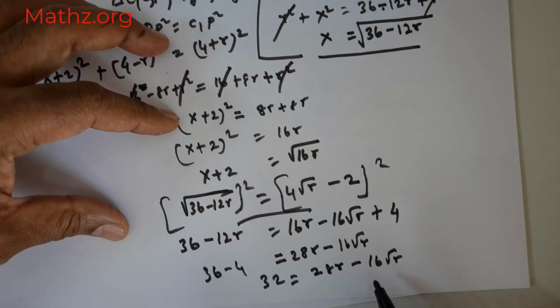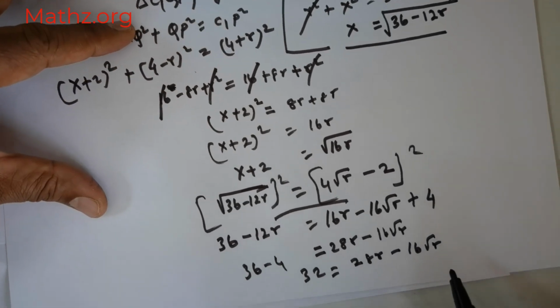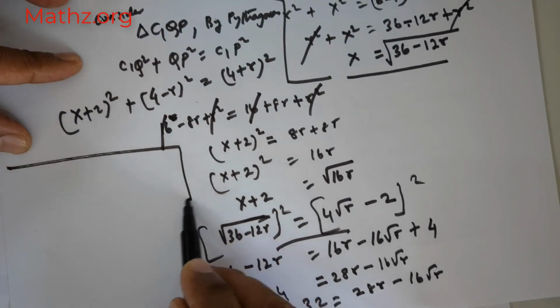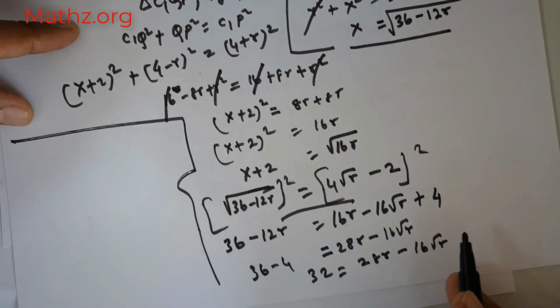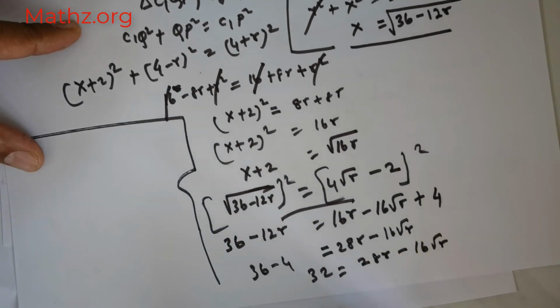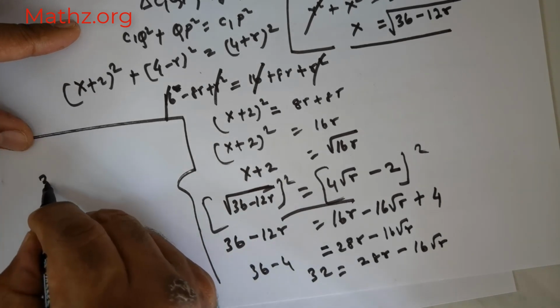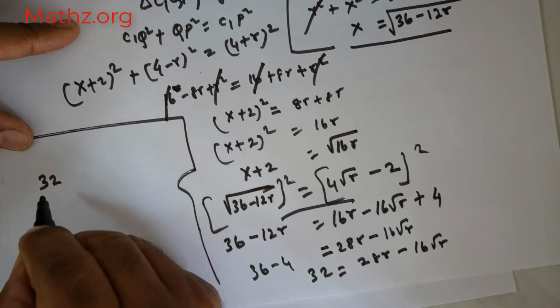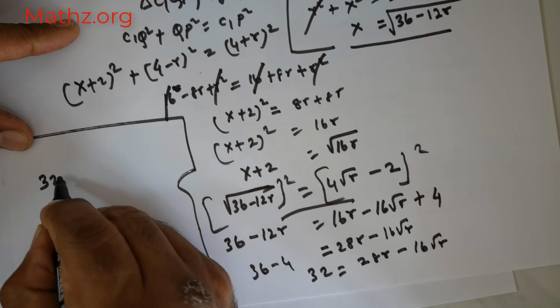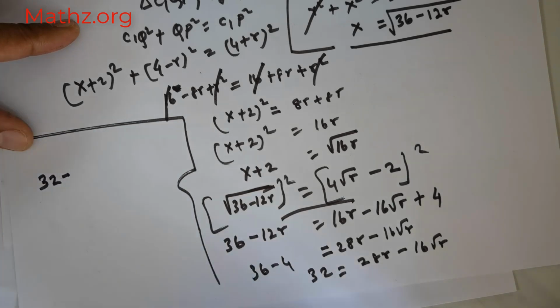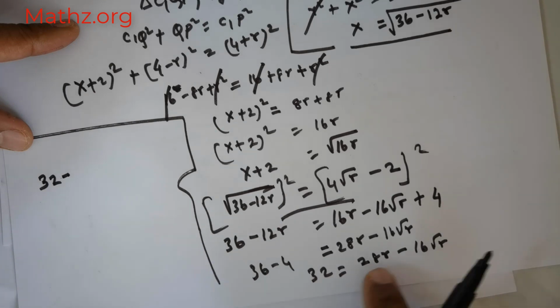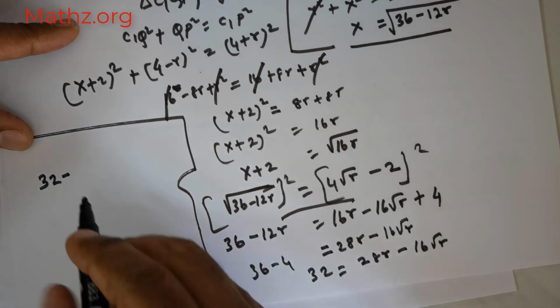Now solving this, we have to solve it by moving this component to this side. That's because we have to get rid of that root. So 32. Okay, now I will do it in this fashion. I will take 28r - 32 on this side.